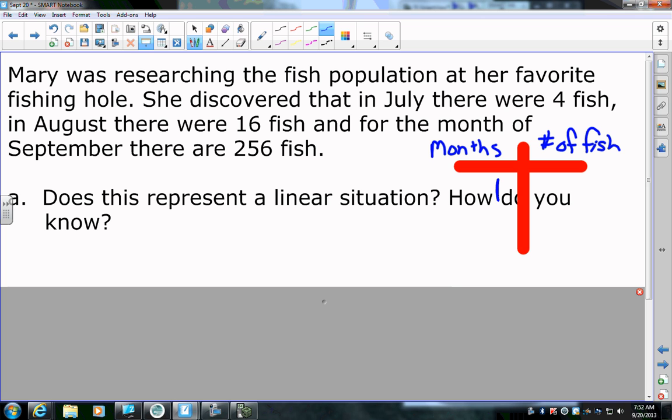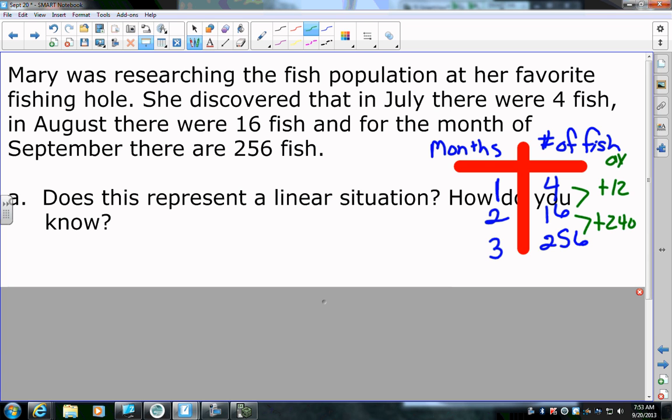In month 1, how many fish did we have? 4. In month 2, how many fish did we have? 16. The third month that they paid attention, how many fish? 256. Okay, wait. Now, hopefully you see that already. The change in Y, plus 12, plus 240, right?